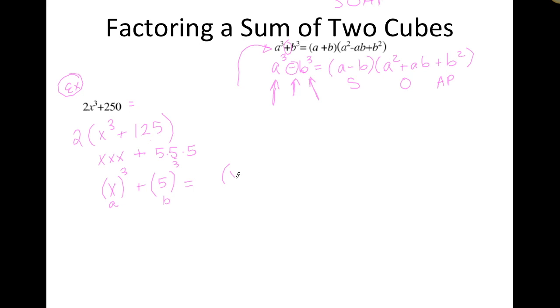A, which is x, plus b, which is 5, a squared, which is x squared, minus a times b, which is 5 times x, plus b squared. B is 5, b squared would be 25. All right, now don't forget about the 2 that was originally factored out at the very beginning.